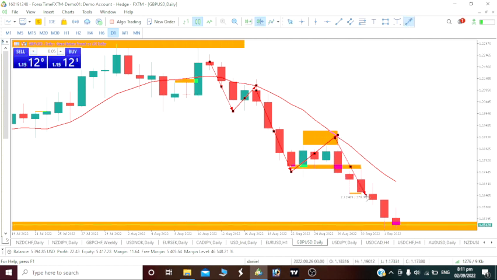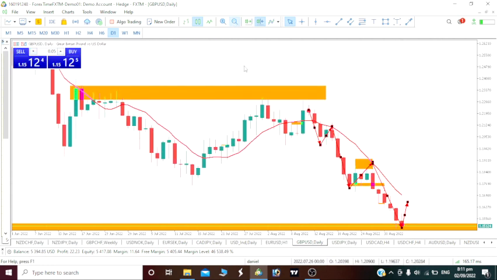Now this is another impulse move which has dropped massively. What are we expecting? We are expecting a correction because we've had a huge impulse move on our GBPUSD. So this week we should be expecting a little bit of a drop, at least close to 100 pips, then a correction is very likely to occur.